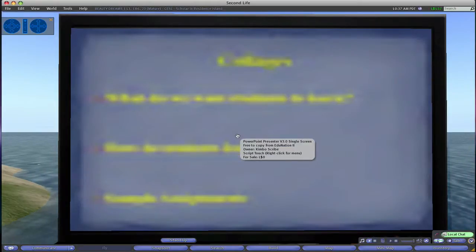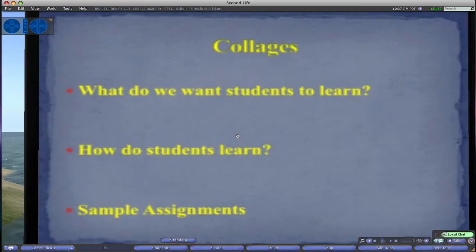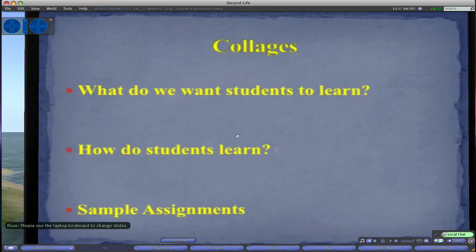Some of the things that you want to think about when you're thinking about how you are going to incorporate the collage into one of your particular courses, it could be a different course than I show some examples of today, is what do we want the students to learn from the collage? How do you want the students to learn? And then again, I'll provide some specific examples from several courses.